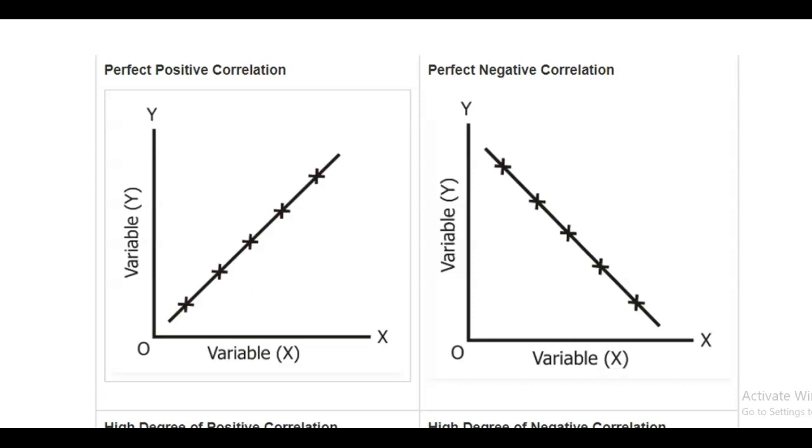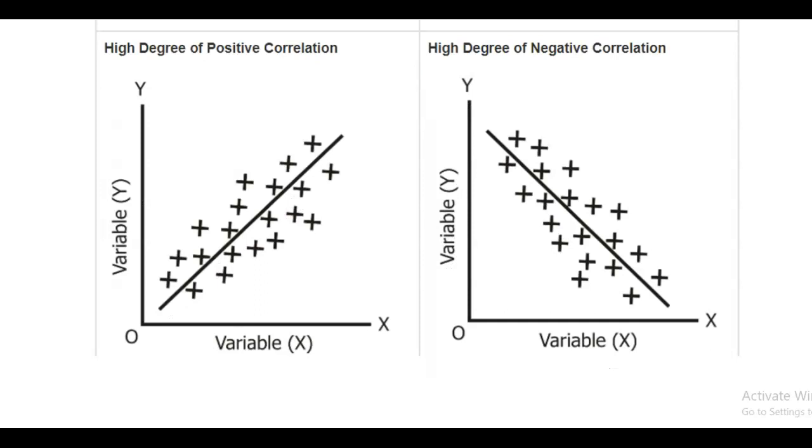Okay, here also the points are from left to right, but it is from top to bottom, and in the positive correlation it is from bottom to top. If the points plotted look like this, then we can define it as perfect negative correlation. So in perfect positive correlation, R will be equal to 1, and in perfect negative correlation, R will be equal to -1. Right.